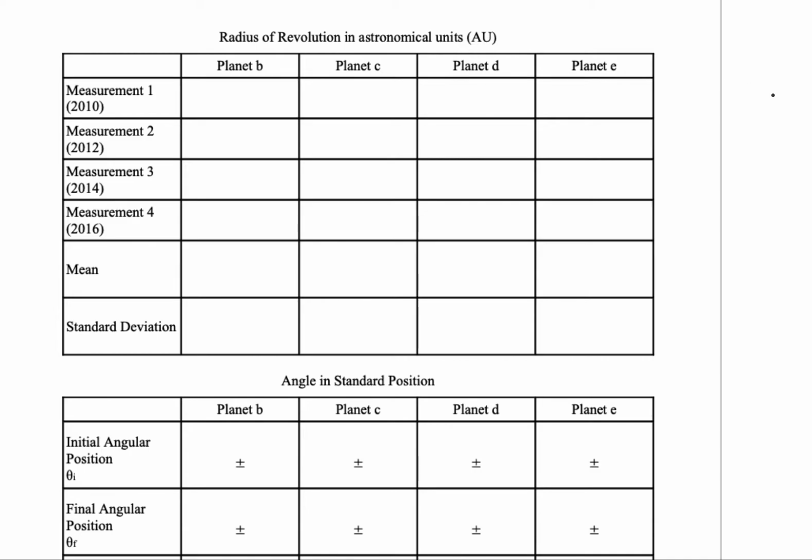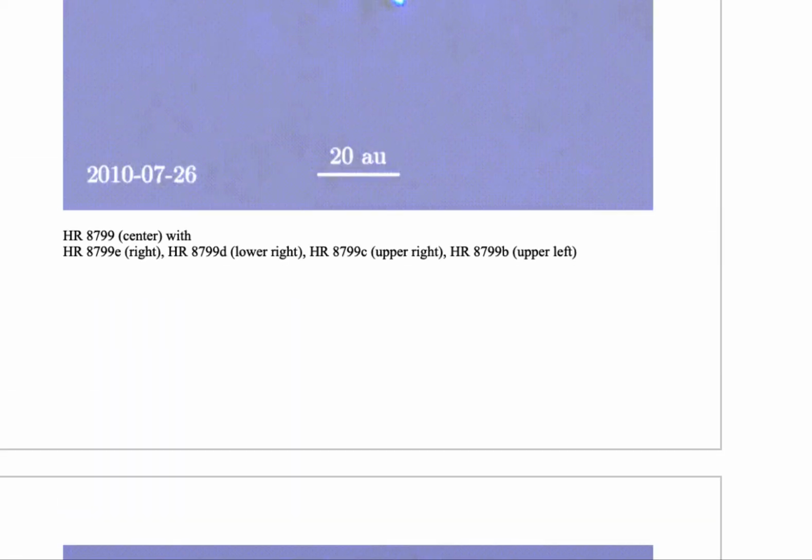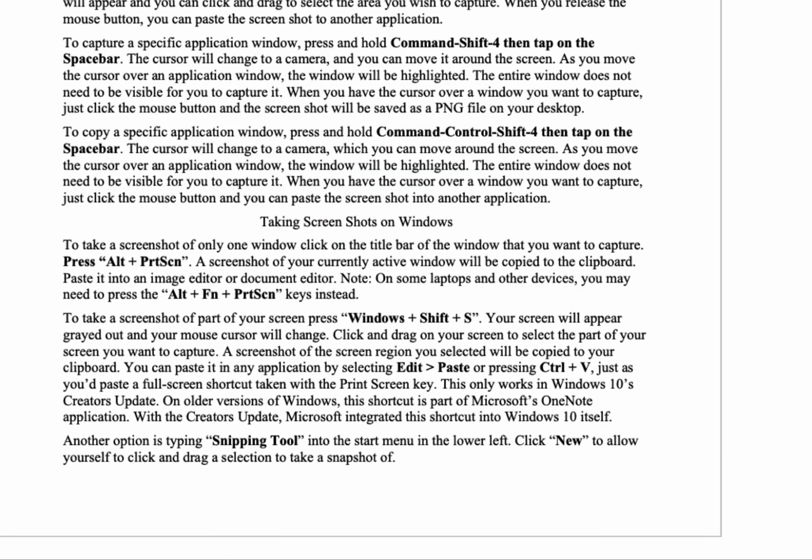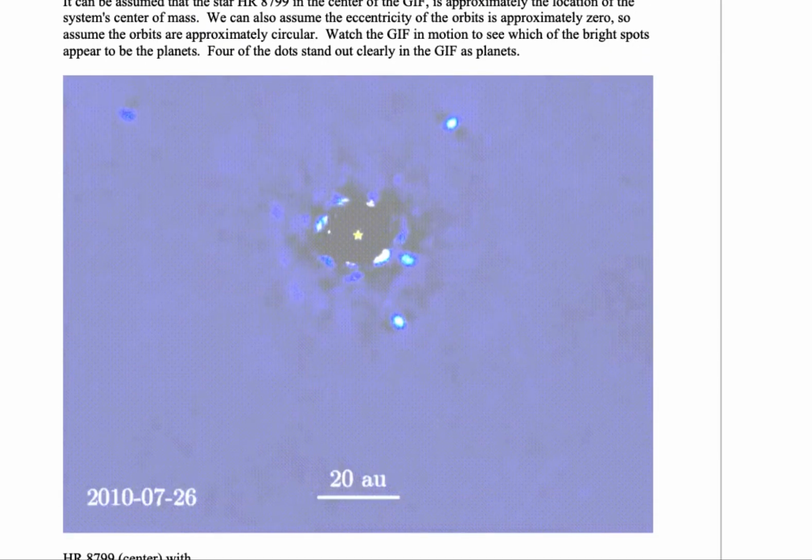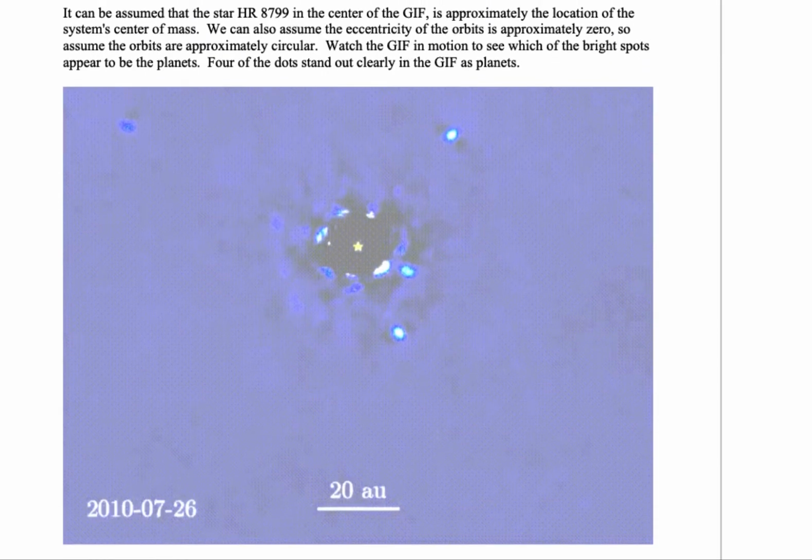The distance from Earth to the Sun is a single astronomical unit, so we'll see how much larger the distance is for these planets versus our planet. And it asks for a measurement in 2010, 2012, and so on. So one option you have is you could print these out and measure it with an actual ruler. Or you could use a computer program, perhaps.